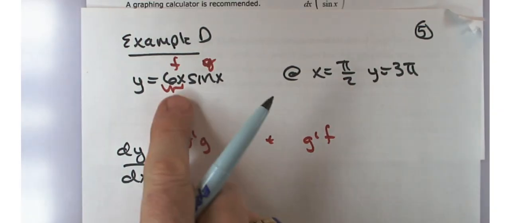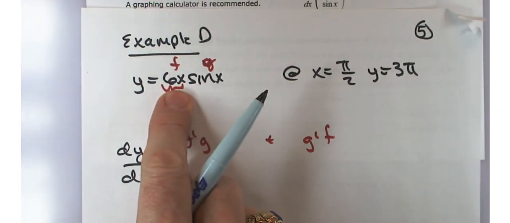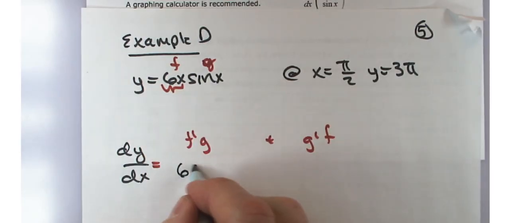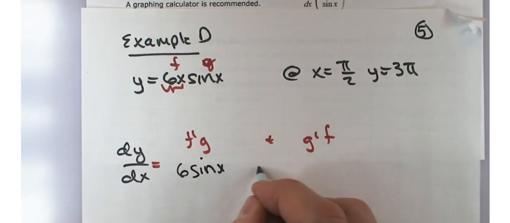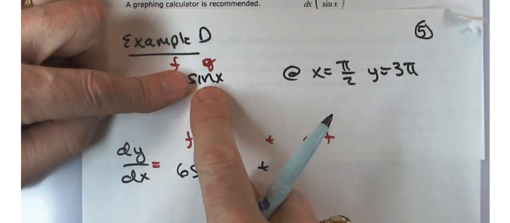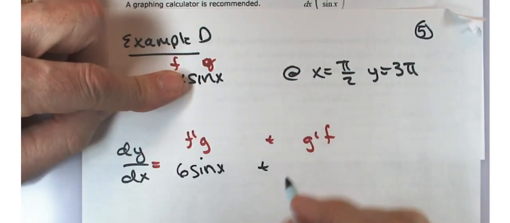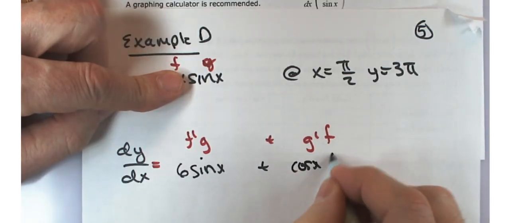All right, so the derivative of the first, what's the derivative of 6x? 6. So it's going to be 6 times sine of x plus derivative of the second. Derivative of sine of x is cosine of x. Good, we started out with that, times 6x.